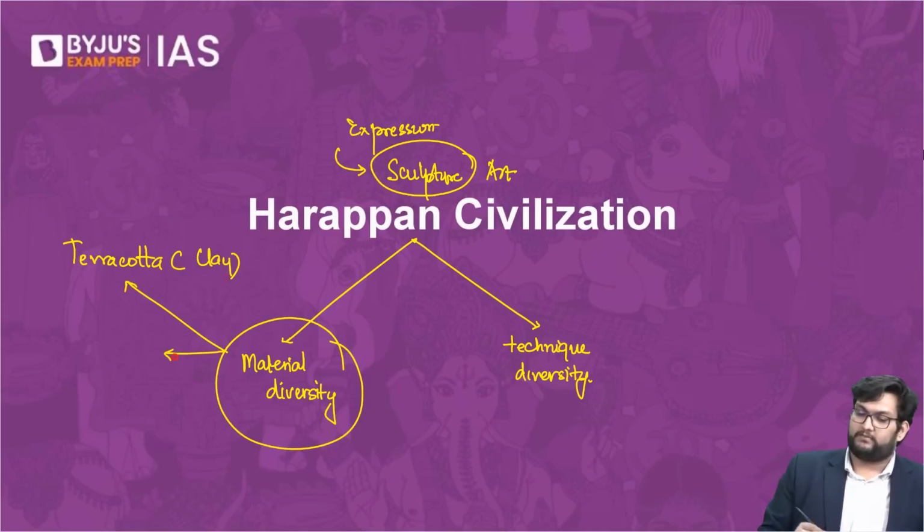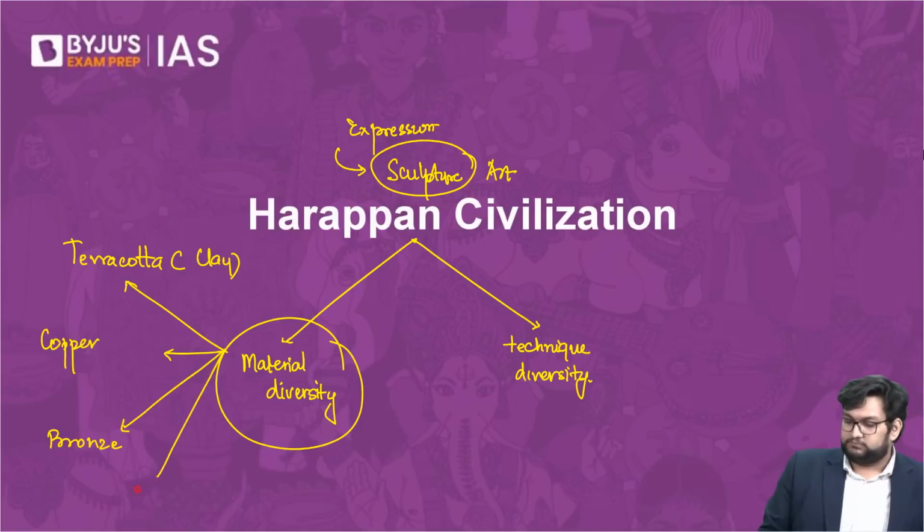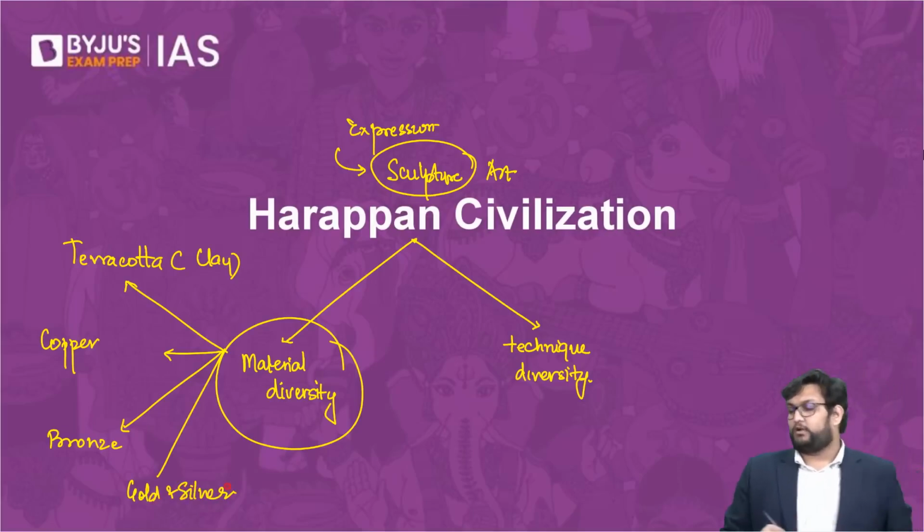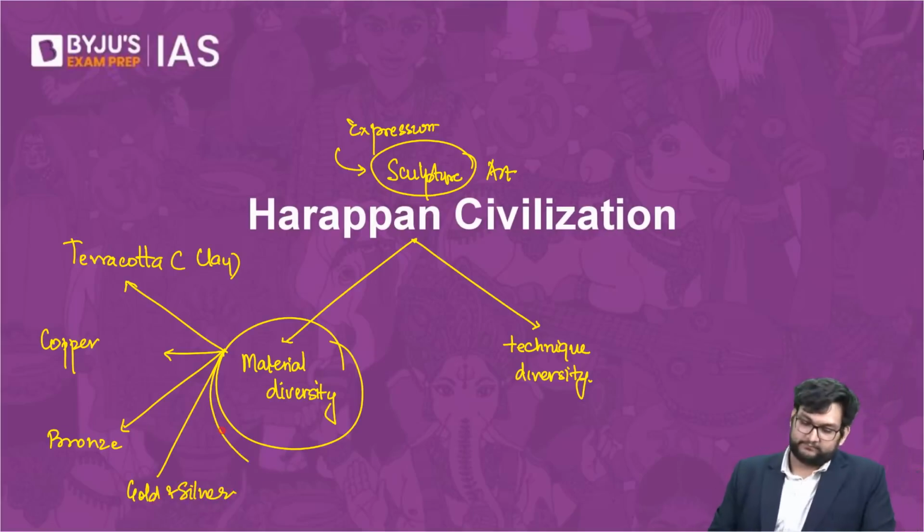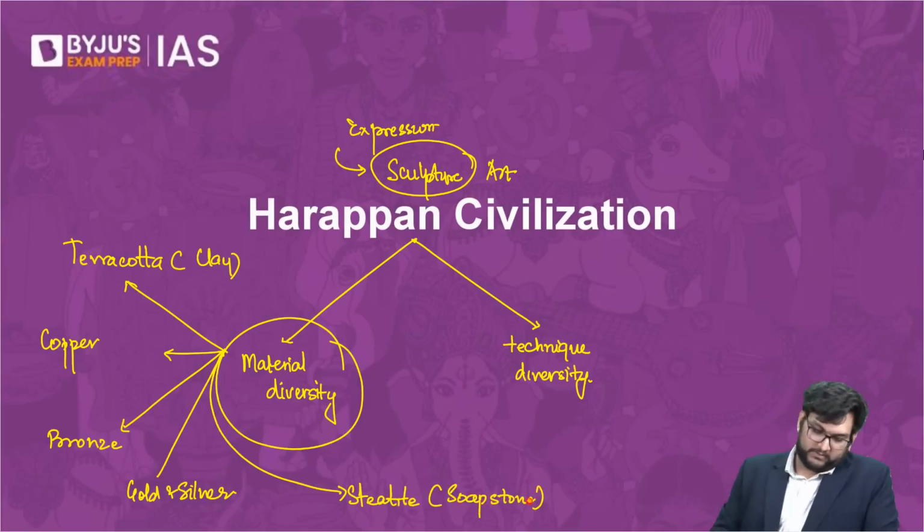Thereafter, you have copper, then bronze, gold and silver, and also steatite, which is basically soapstone.